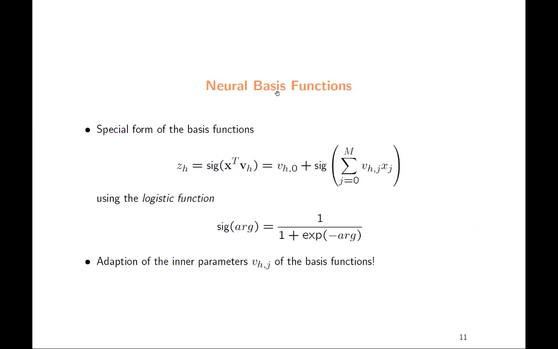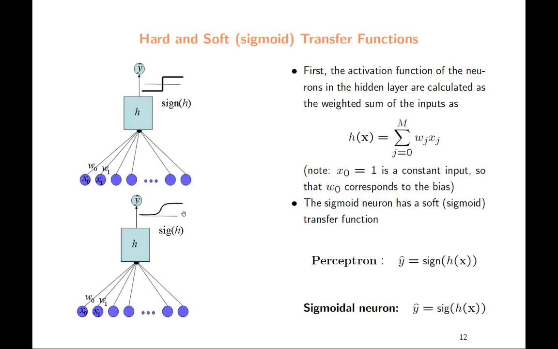What I already discussed before, the important thing is the special form of the basis function, because it fits nicely to problems which need a local area of high complexity and then are smooth and constant outside of this area. The sigmoid is also called the logistic function. We can also compare it to our perceptron.